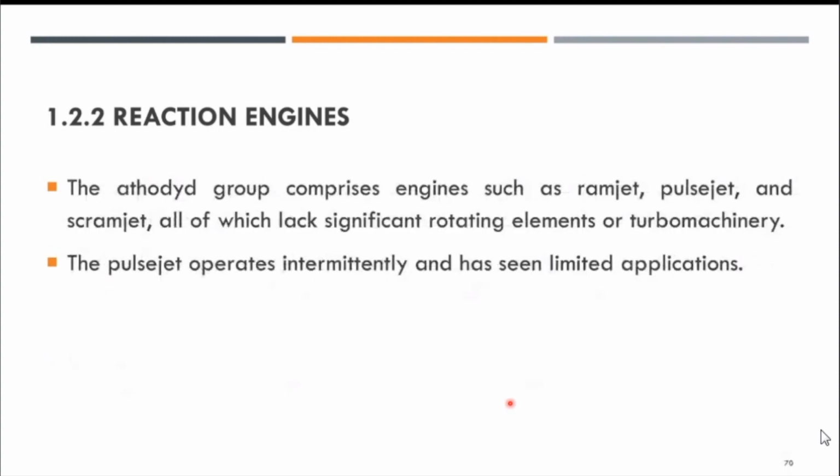Okay, this attribute group comprises engines. We want to look at the ramjet, pulse jet, and scramjet, which lack significant rotating elements or turbomachinery. Okay, let us look into the first one, which is the pulse jet, which operates intermittently and has seen limited application.